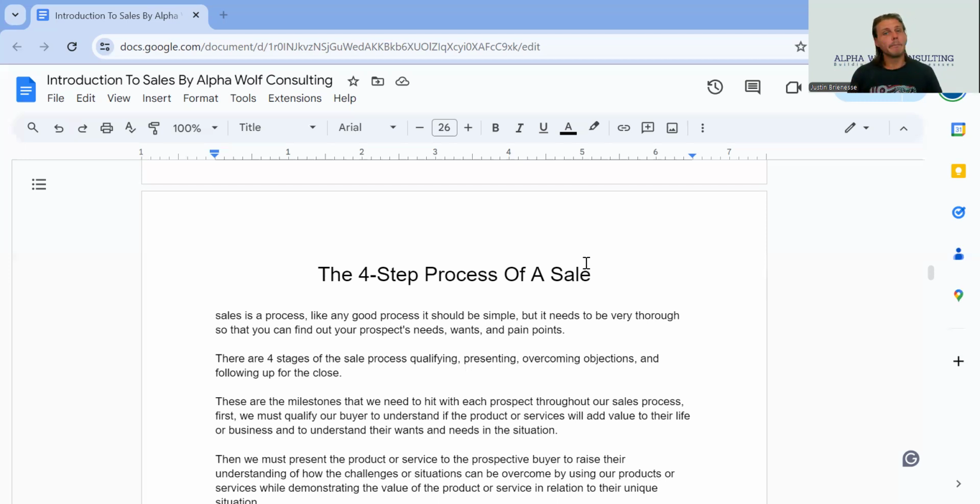So it's very important, but many different things can happen within your industry or within the products or services that you sell.